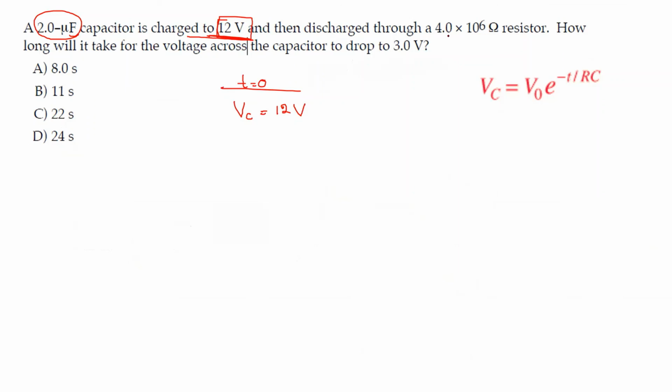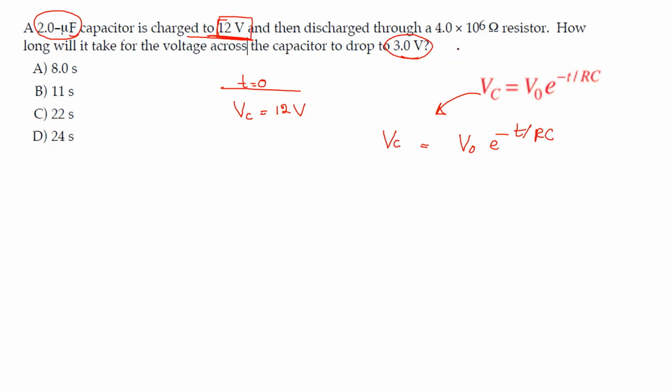Then it is discharged through a 4 times 10 to the power 6 ohm resistor. They're asking how long it will take for the voltage across the capacitor to drop to 3 volts. We can use this equation: the voltage across the capacitor at time t is equal to the maximum voltage times e to the power negative t over RC.